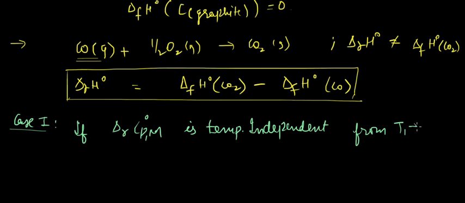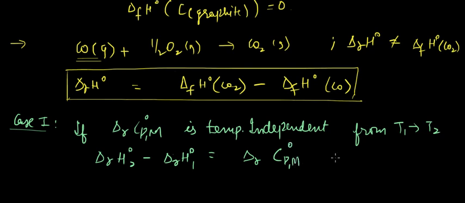T1 to T2 is the interval in which we are interested in calculating the delta RH naught value. So delta RH2 naught minus delta RH1 naught would simply be equal to delta R CPM naught times (T2 minus T1).